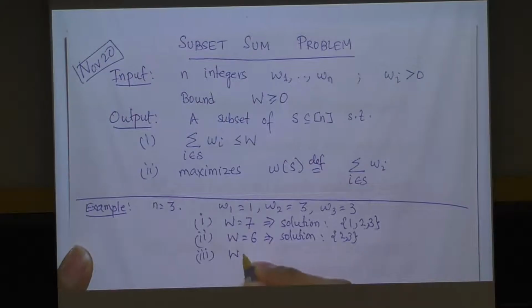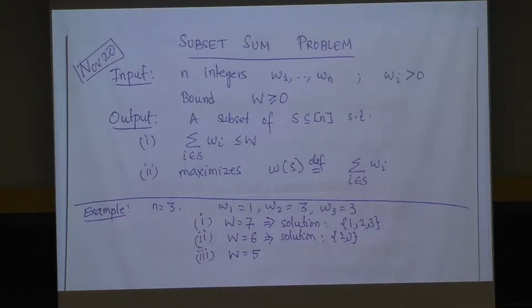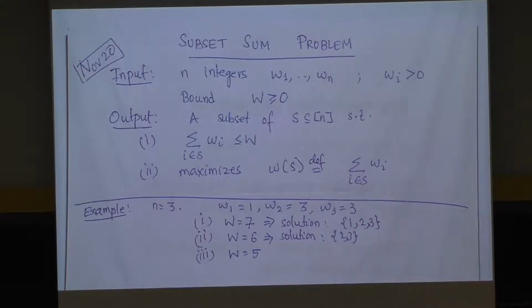Let's take another example. What if W is 5? Right, so in this case, you have 2 possible solutions, either 1, 2 or 1, 3.